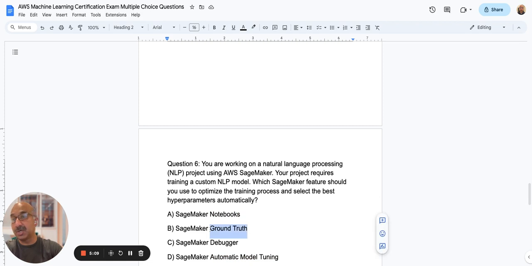Ground Truth, like I mentioned earlier, is about labeling data by humans so that the model knows when it's being trained what the answer is in the first place. Debugger is what it says, basically to step through the model to see where it might be going wrong. Automatic model tuning is basically all about hyperparameters.